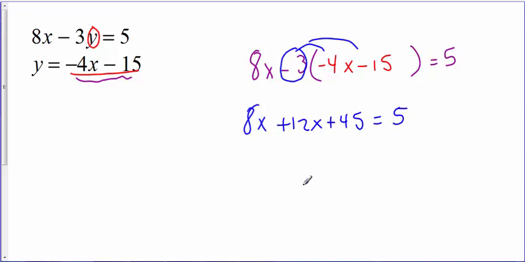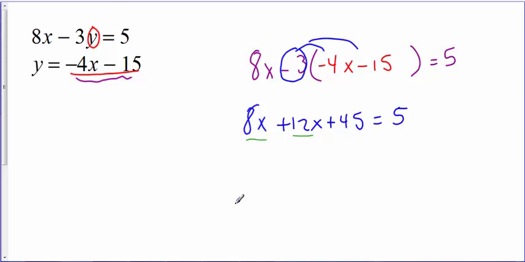Now, what we have created is basically an opportunity to solve a one-step or two-step equation. But we first must be mindful of what we have all on one side. Our objective in solving an equation is to get our variables on one side and numbers on the other. But as you can tell, we have 8x and 12x here.